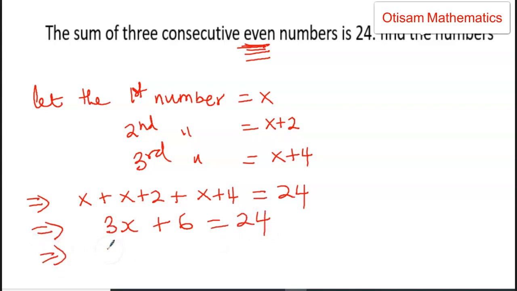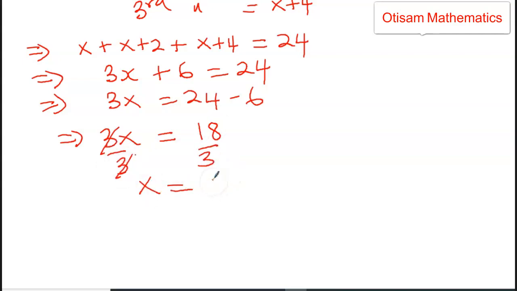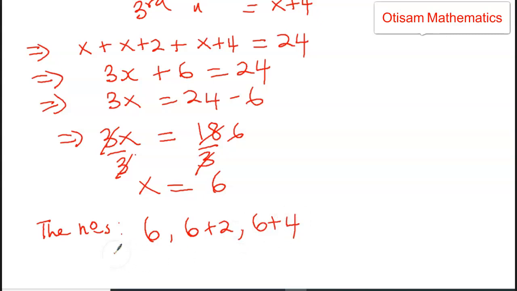So 3x is equal to 24 minus 6. 3x is 18, divide both sides by 3, so x is equal to 6. So the first number is 6, the next one is 6 plus 2, the next one is 6 plus 4, which is 6, 8, and then 10.